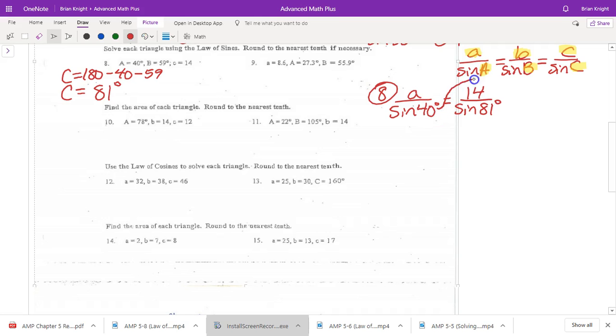Over here next to the 14, and we say 14 times sine of 40 divided by sine of 81. Okay? 14 sine of 40 divided by the sine of 81 degrees. 9.1 is correct.